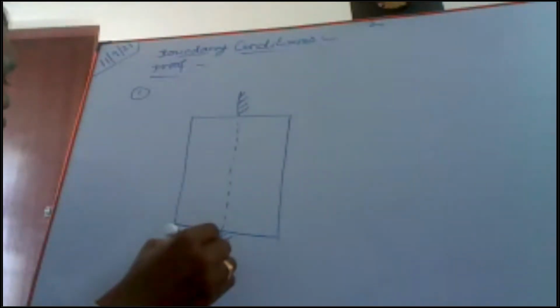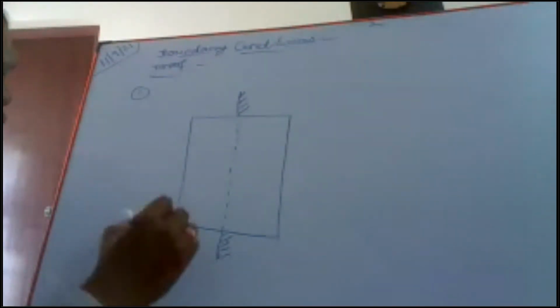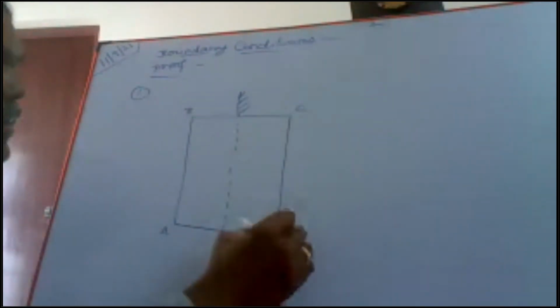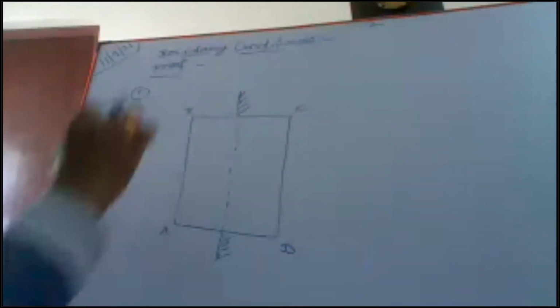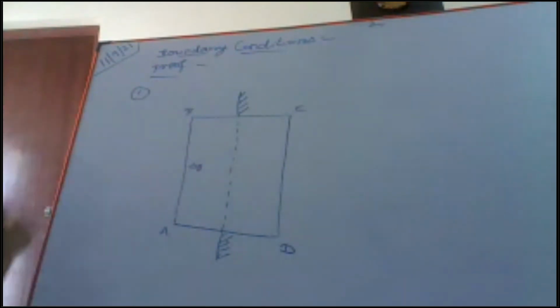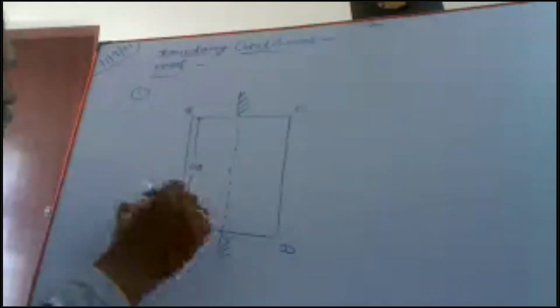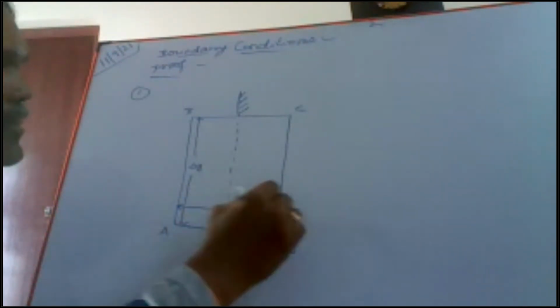This is not that important, but it is a rigid joint, that is what I want to convey. I am going to take the terminals of the rectangle as ABCD, and I am going to assume the length of the rectangle as del y and the width as del x.